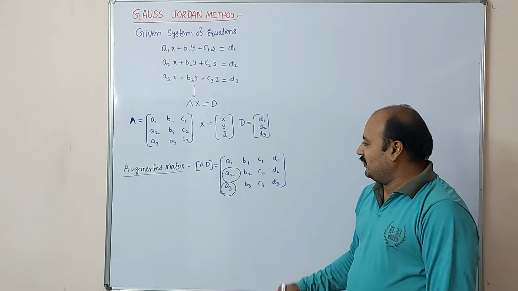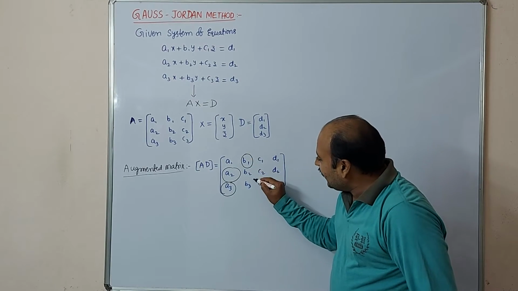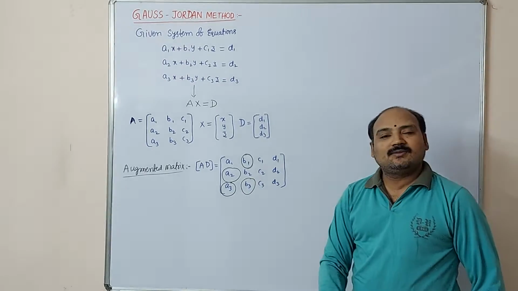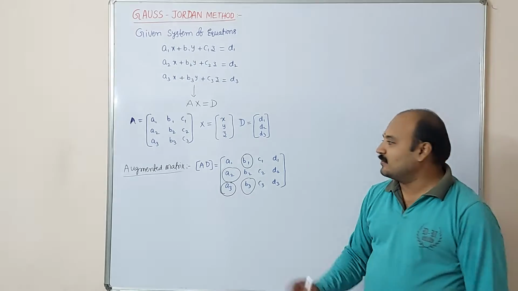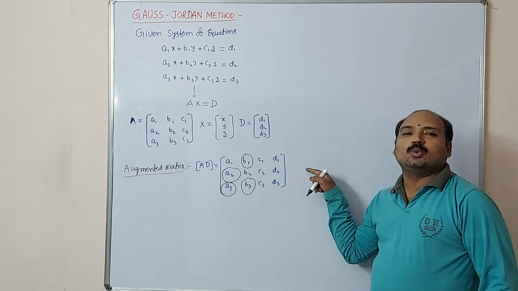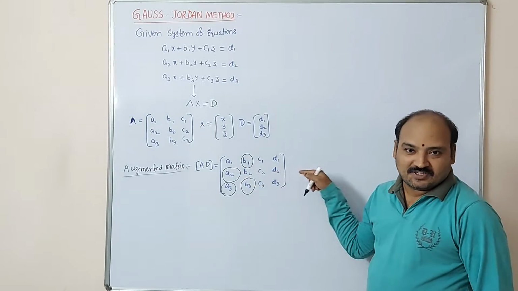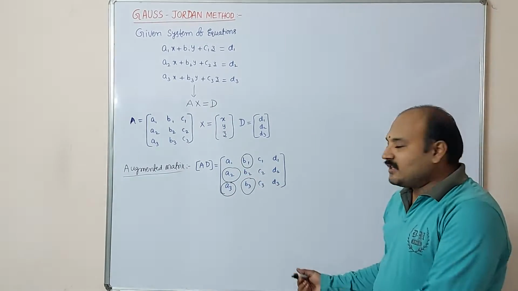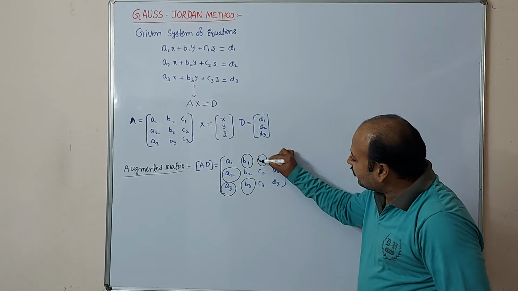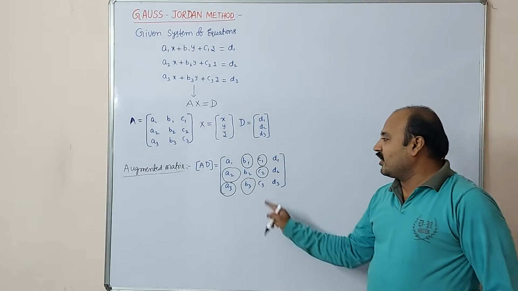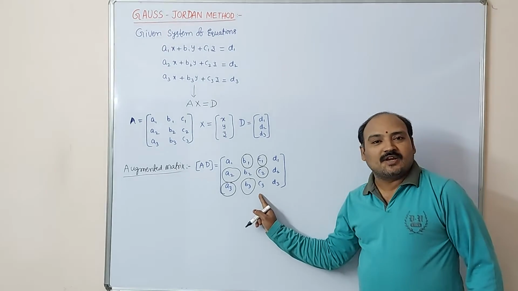In the second step, make b1 and b3 zeros by using R2, by elementary row operations. After that, make c1 and c2 zeros by using R3.